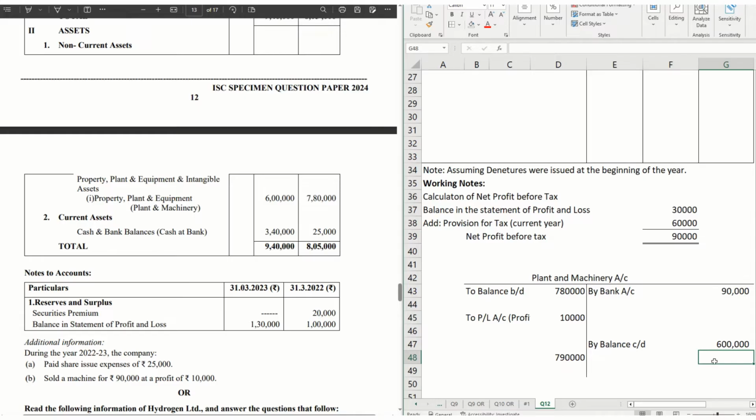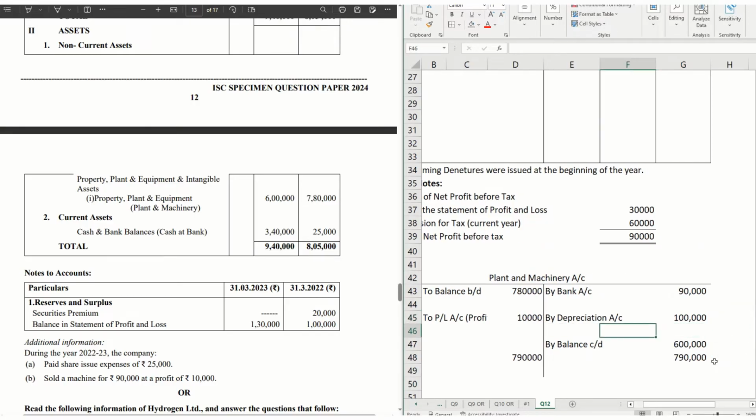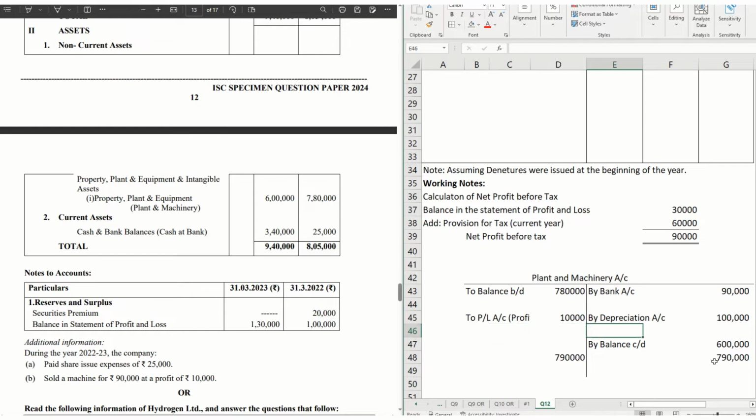So that will be here by depreciation account, that is straight away 1 lakh rupees. So if I write 1 lakh, this becomes 7 lakh 90 as well. So this is how we have to calculate depreciation, which is not straight away given in the question.